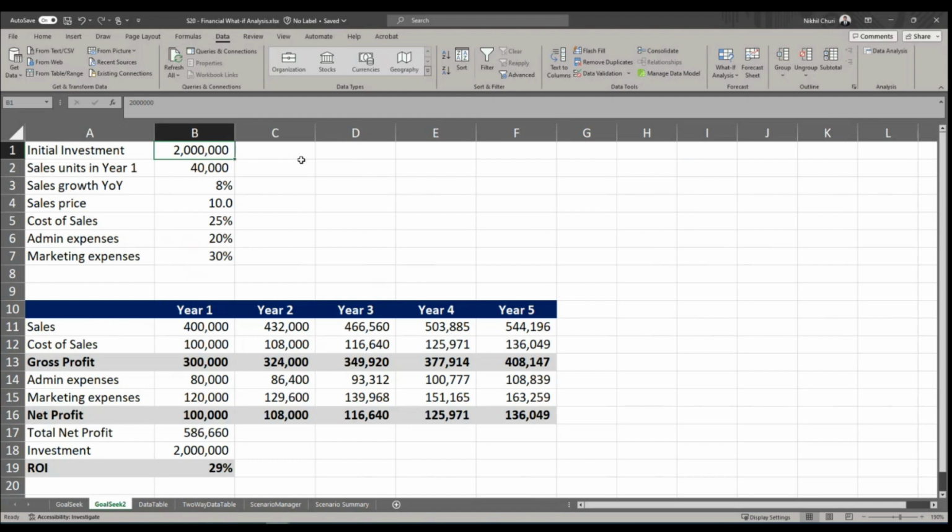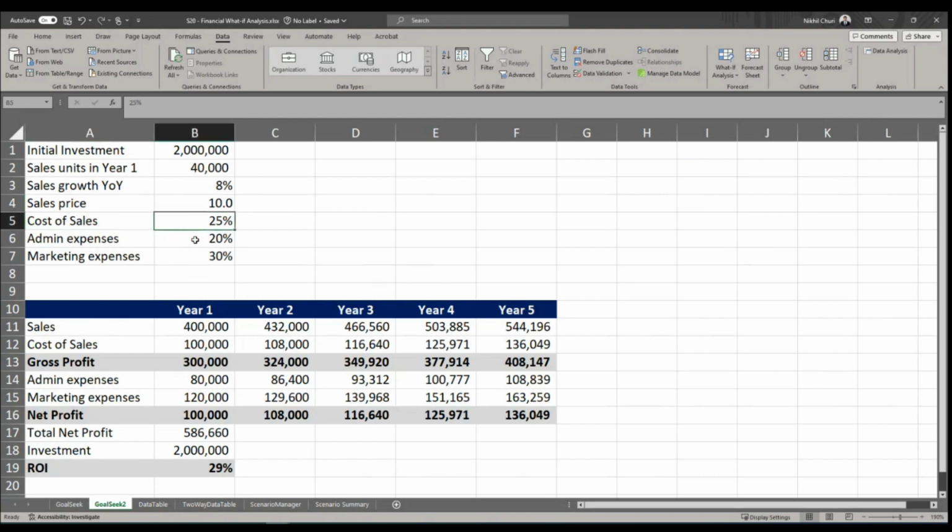The sales units in year one, the first year, is say 40,000 units, and you expect sales growth year on year at 8%. Suppose the sale price per unit sold is say $10, and the cost of sales is 25%.